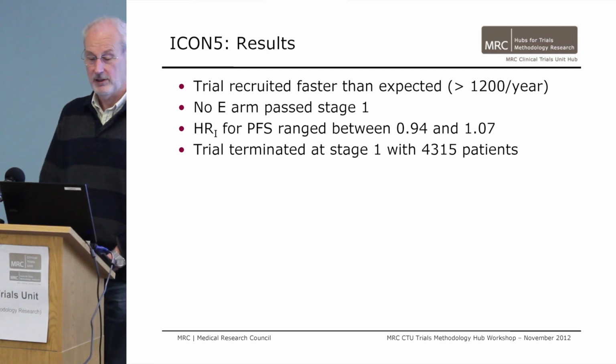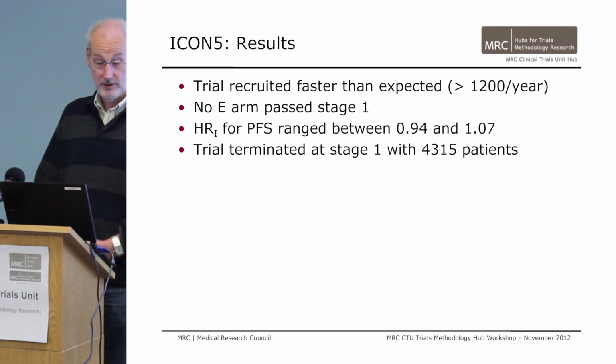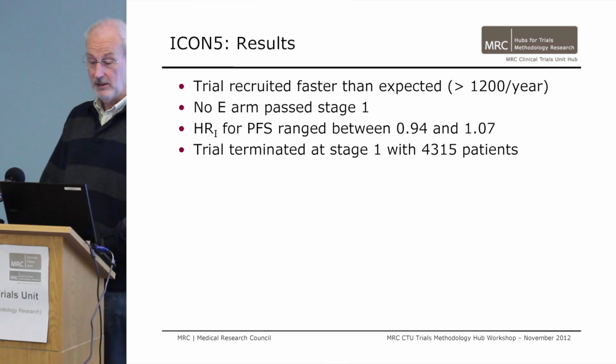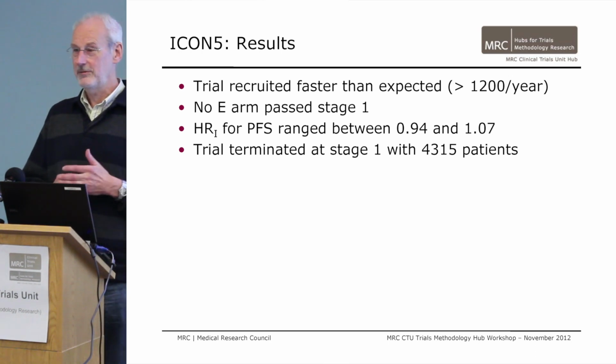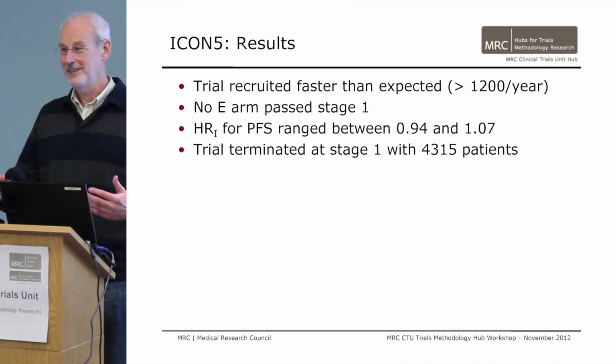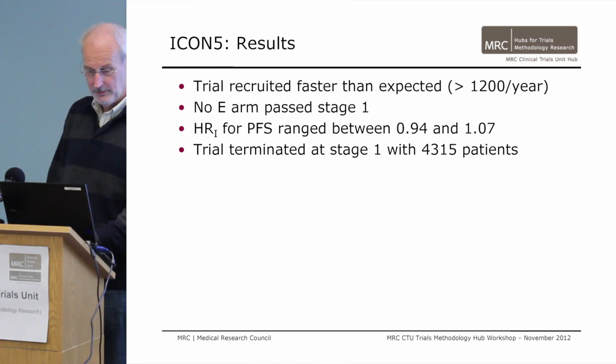The hazard ratio for all these chemotherapy regimens was between 0.94 and 1.07, so you can see why none of them passed the 0.87 threshold. The trial terminated, but it had already accumulated 4,300 patients. So in some sense, ICON 5 was a vast success of the technology. In another sense, it was a failure because all the experimental treatments were no better than control. But I think we learned something from that trial.